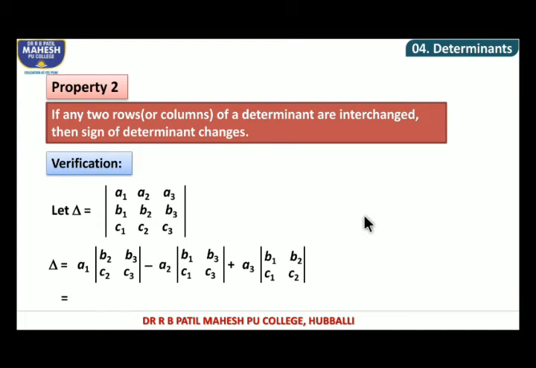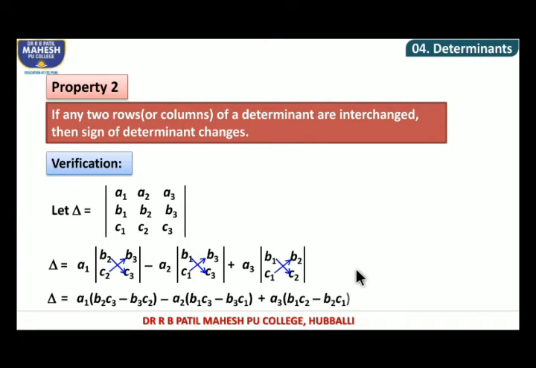Now we get the value: A1 into the bracket of B2 C3 minus B3 C2, minus A2 into the bracket of B1 C3 minus B3 C1, plus A3 into the bracket of B1 C2 minus B2 C1. So this is the value of delta.